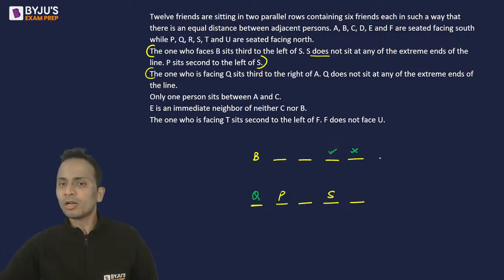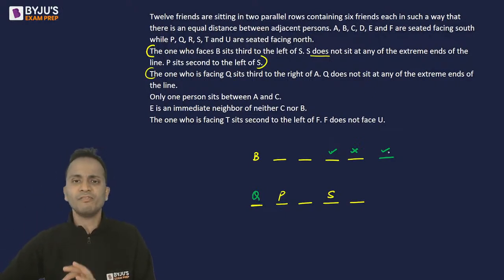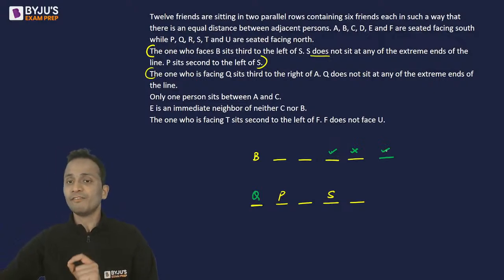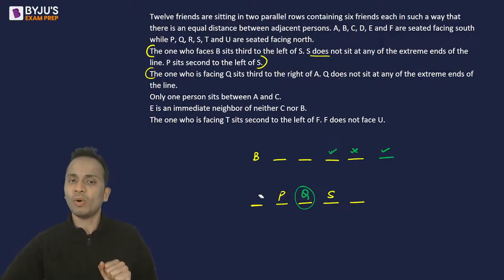Or there can be a place for A here. I'll place one more chair and will make A sit at the extreme end. If A sits here, then the one who is facing Q sits third, 1, 2, 3. So Q in that case will sit here. So there are two possible scenarios. I will explore them one by one.